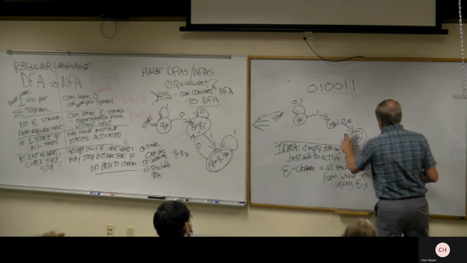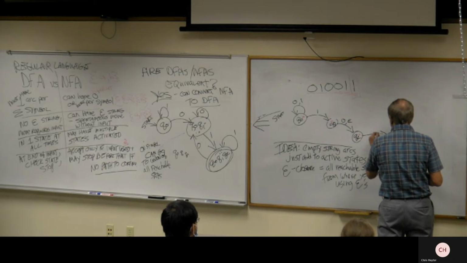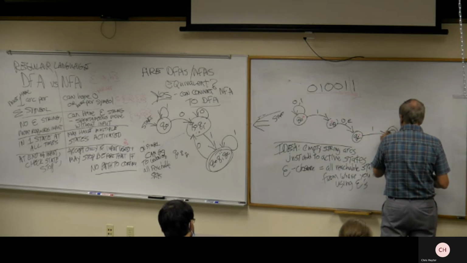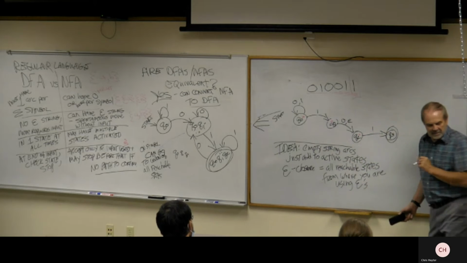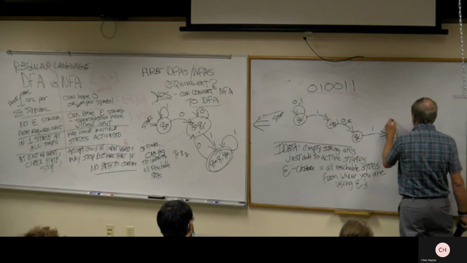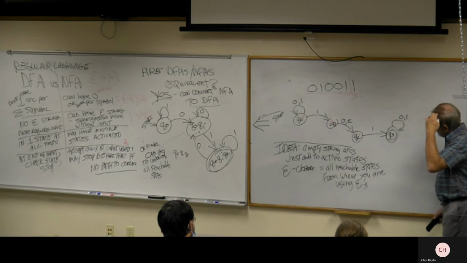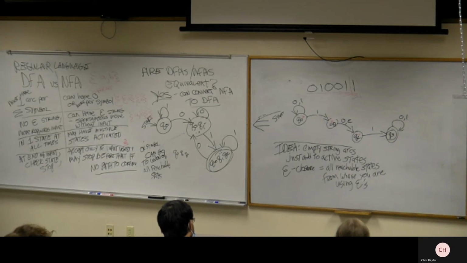And a 1 takes you to the accept state. Oh, and then it loops on a 0, 1. Okay, so 4 states. Like I said, this is off page 54.